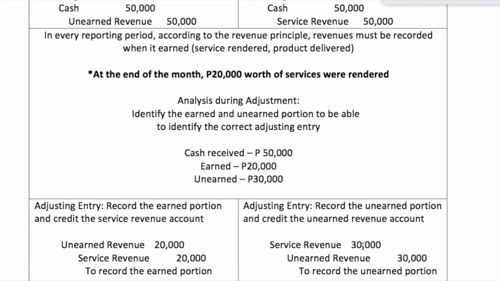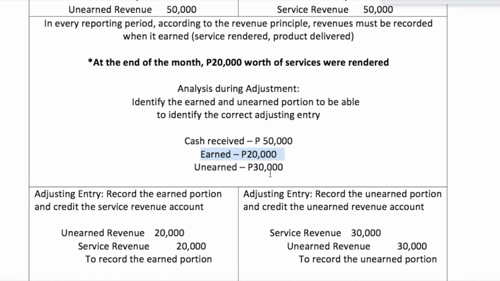It would now be 20,000, which is correct because your earned portion should only be 20,000 and not 50. So the effect of your adjusting entry would basically put the earned and unearned portion on the right amounts.